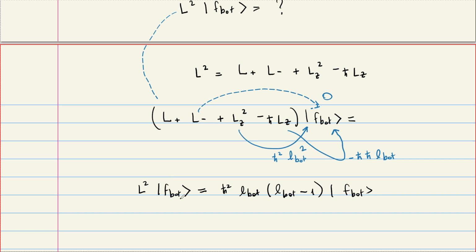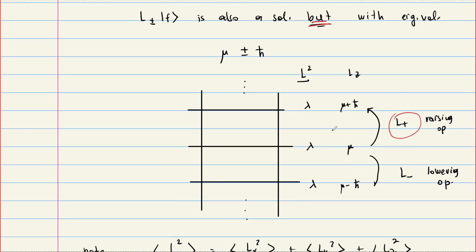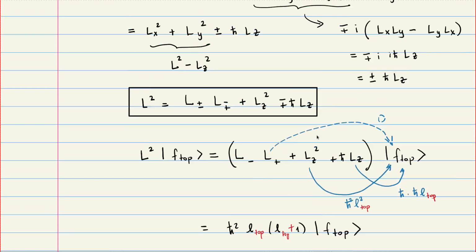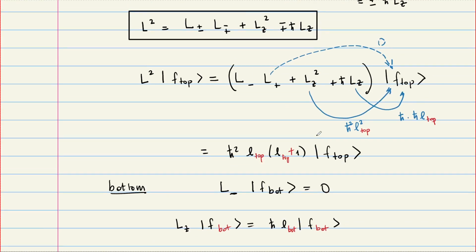Now we need to compare the top rank and bottom rank. In the spectrum, you remember, the application of L plus increases Lz or decreases Lz, but L squared stays the same. Then this eigenvalue, which we obtained from the top, should be equal to the eigenvalue we obtained from the bottom rank.